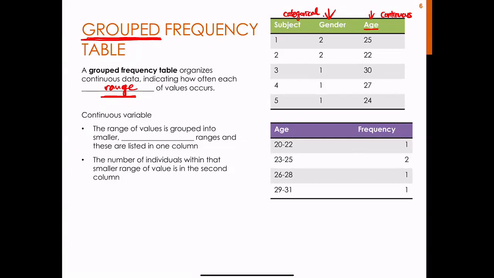Yep, since our age variable is the continuous variable, for that we are going to use a grouped frequency table. Actually, this age data is not too bad, but if we make a bar chart with the age variable, maybe the x-axis will have a lot of values, right?